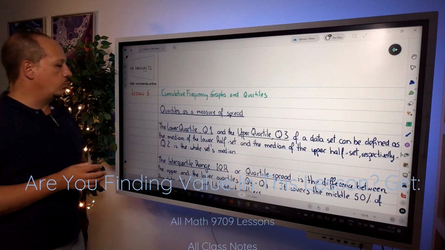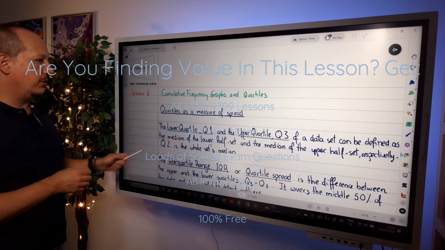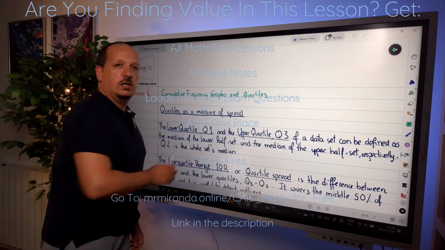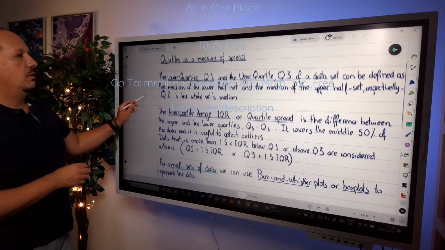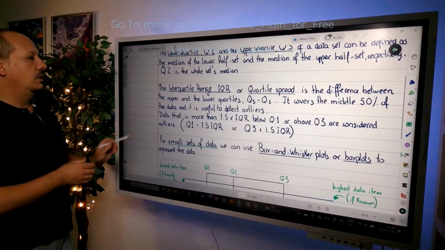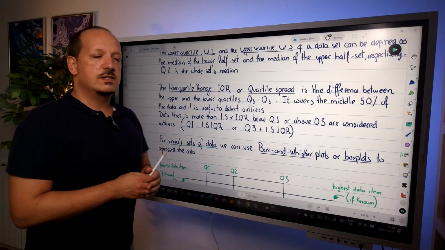What is the interquartile range, or IQR for short? It's the difference between Q3 and Q1. This is particularly useful to detect outliers.